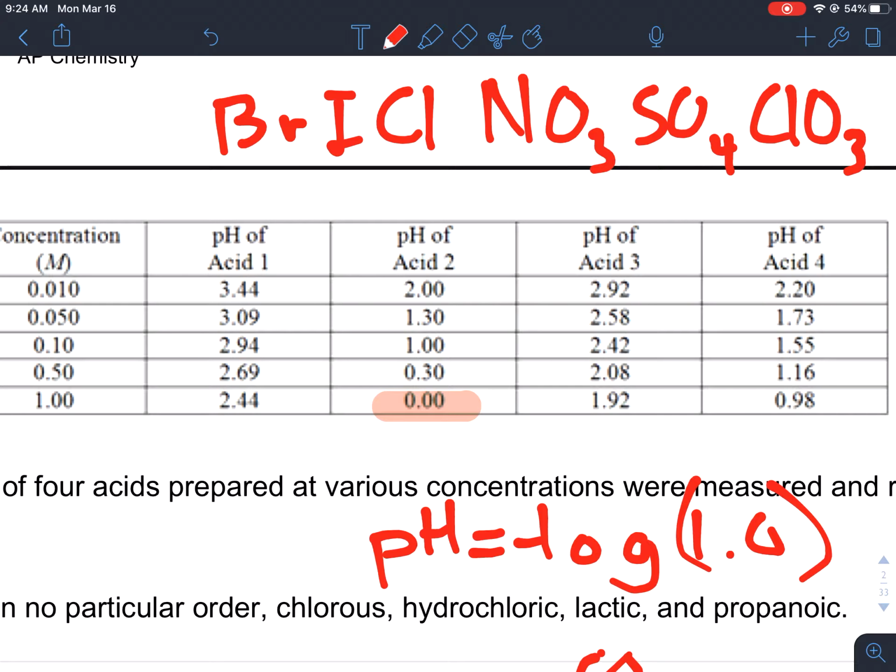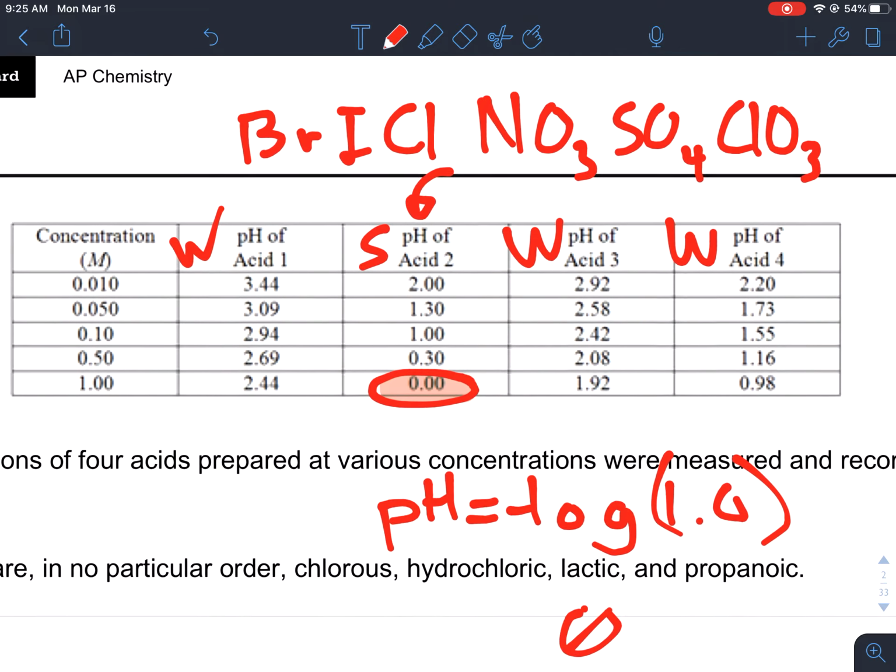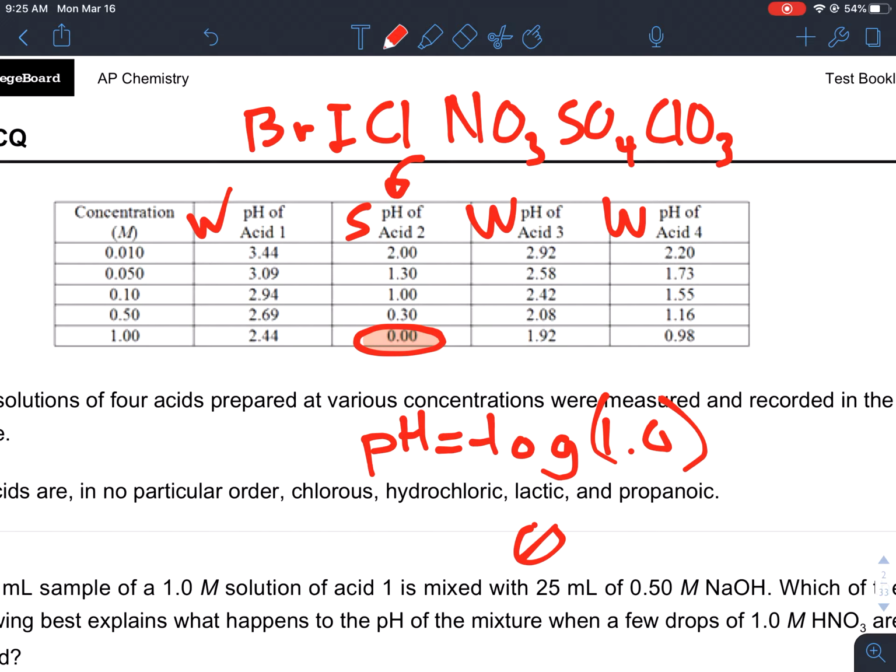These are the 6 only strong acids. Now, I know that if this thing reached 0, this one out of all of them is one of these from the top. It is a strong acid, acid number 2. Acid number 1 is weak, acid number 2 is strong, this is weak, and this is weak. You see that number 0 and you're like, whoa, how did the pH get that low? And it really got that low because it's a strong acid there.